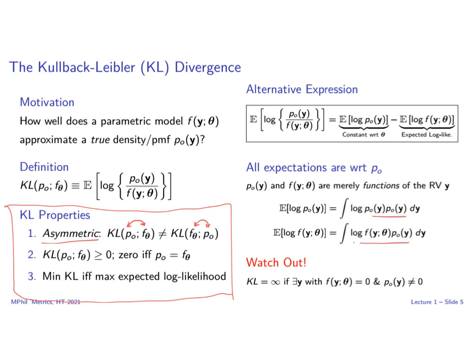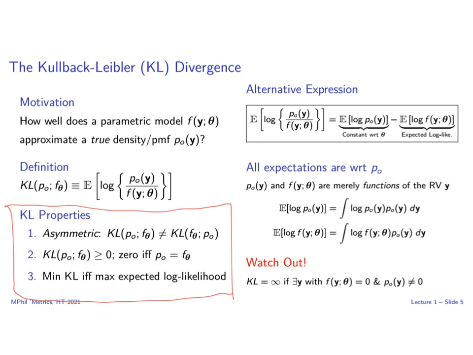You can't just interchange f and p and get the same thing because you're going to have totally different integrals. Second, and this is a property we'll come back to on the next slide, the Kullback-Leibler divergence cannot be negative. It's either positive or zero. And it's zero if and only if this parametric model f theta is the true data generating process p naught.